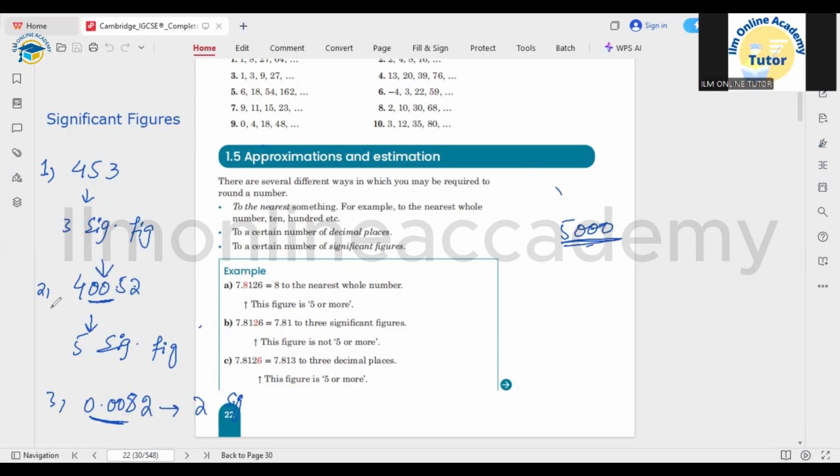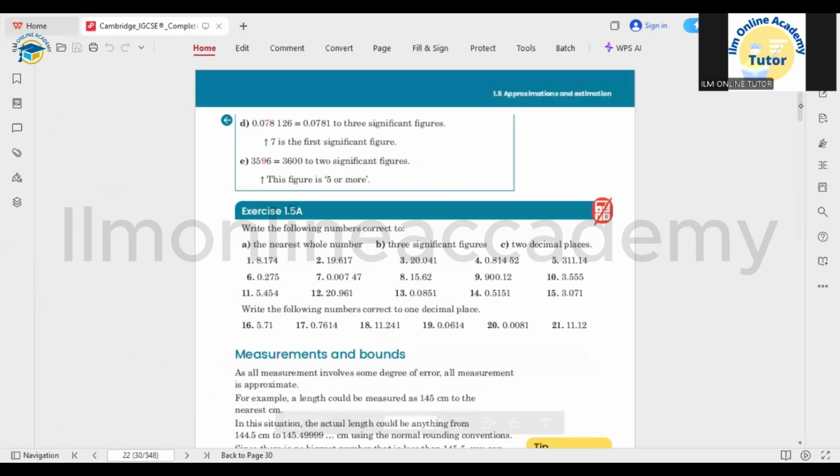So these are the rules that we will use for rounding a number to the nearest significant figure. Let's start the exercise, which is exercise 5.1a. In the first part, they are saying to write the following numbers correct to, part A, the nearest whole number.